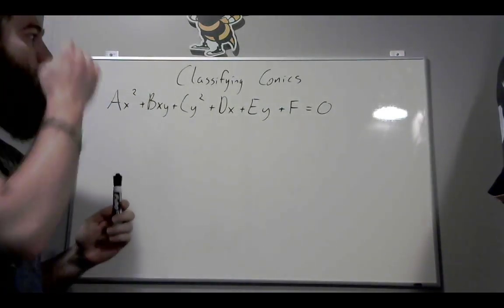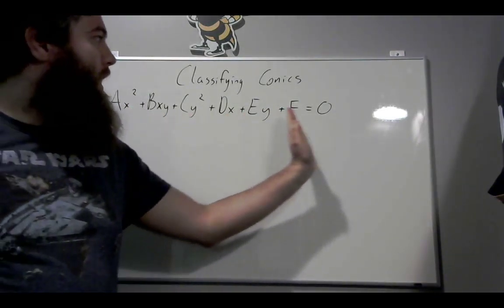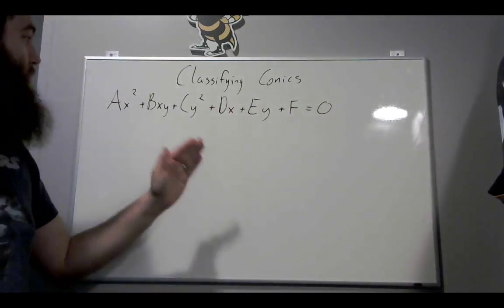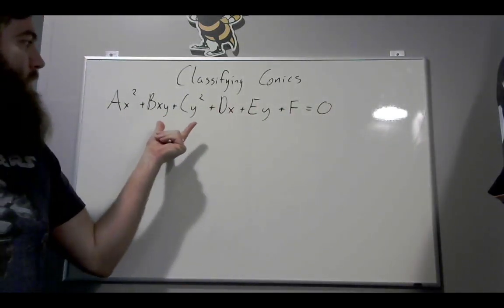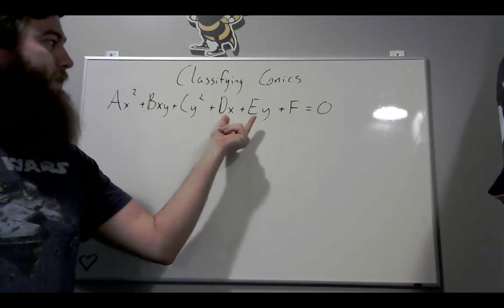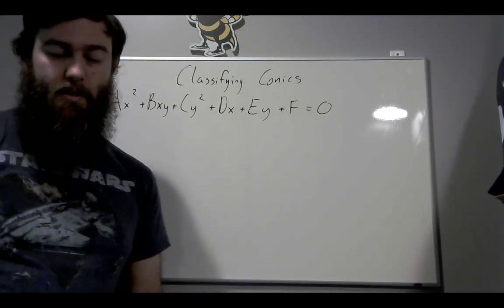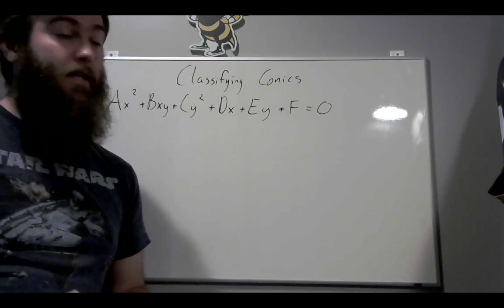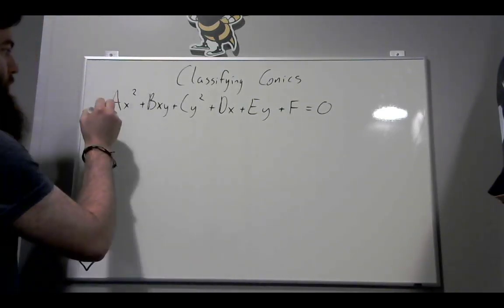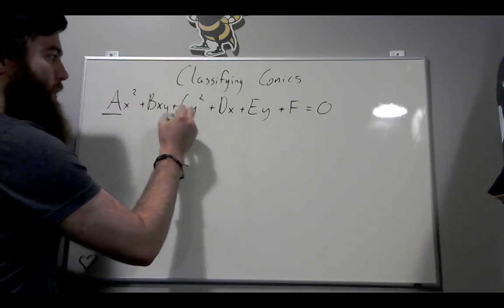Alright, so again, this was that generalized conics equation where we have ax squared plus bxy plus cy squared plus dx plus ey plus f equals 0. So the nice thing about classifying these conics, it only really comes out to what a is and what c is.